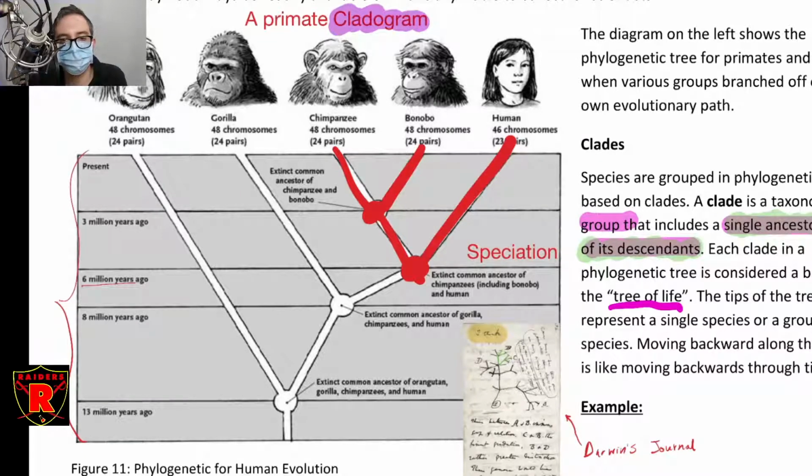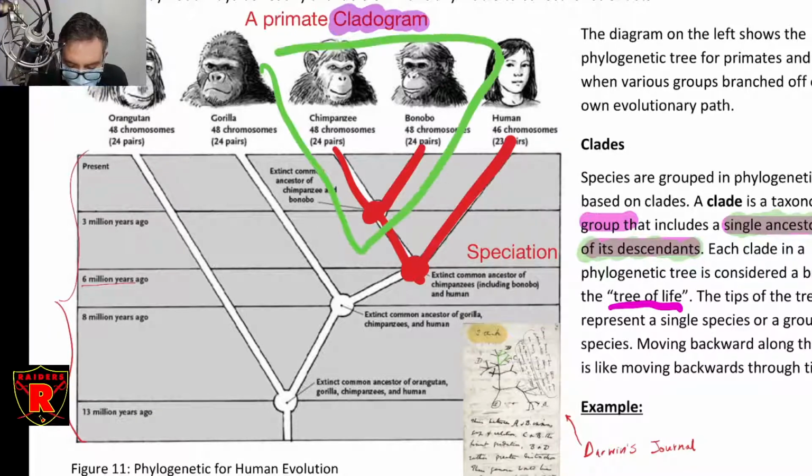So we are related to bonobos and chimps at the same distance. Okay, we're as closely related to either of them. Bonobos and chimps are more closely related to each other because they form a clade. Okay? But they are the same level of relatedness to us.